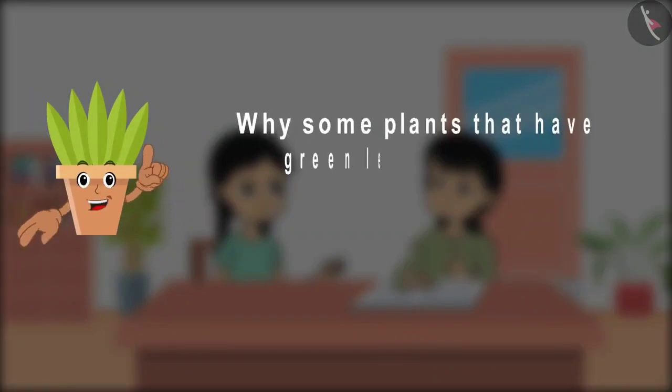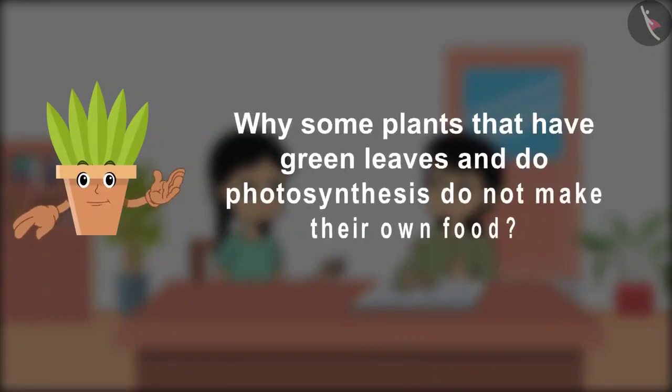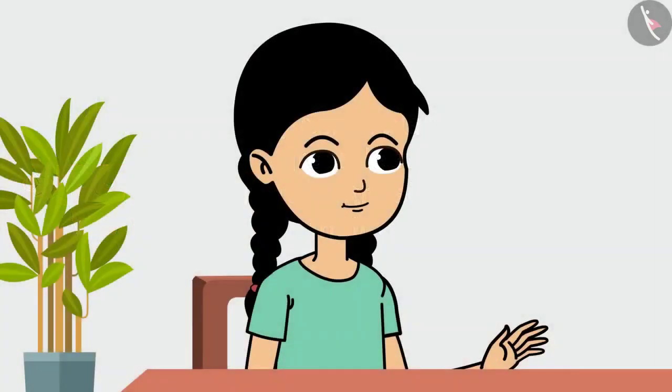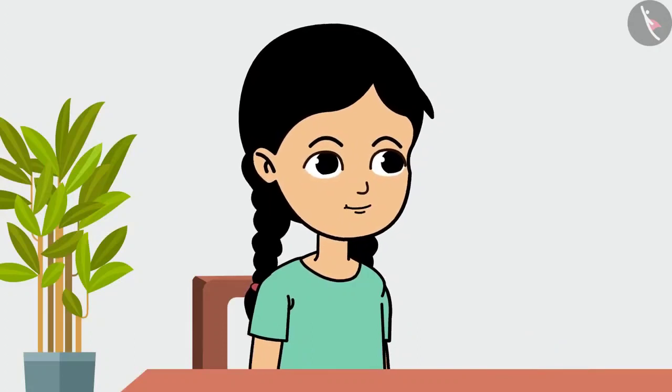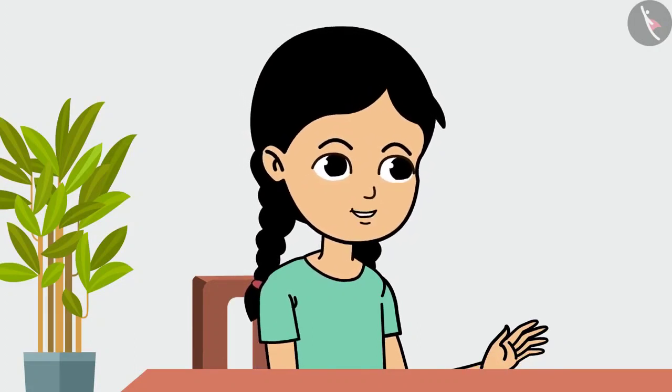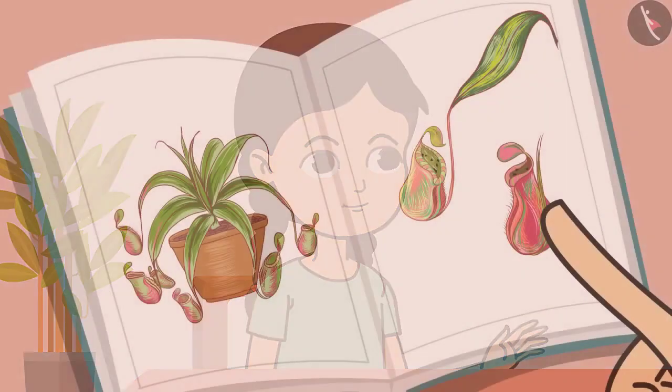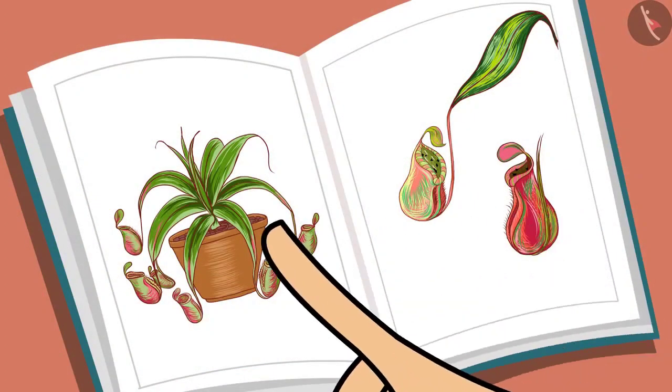Children, can you tell why some plants that have green leaves and do photosynthesis do not make their own food? Didi, look at this plant. It has green leaves. Why is it in the category of plants that use heterotrophic nutrition? Yes, this is a good observation.